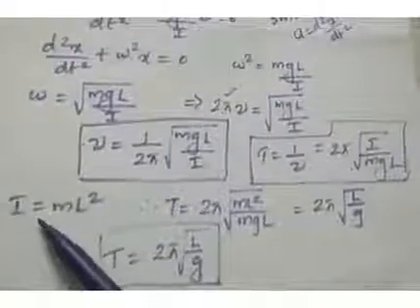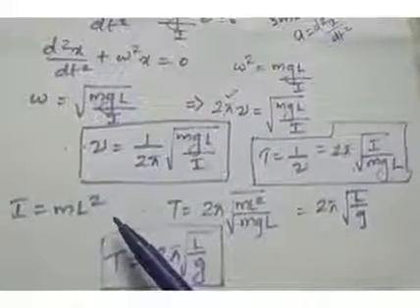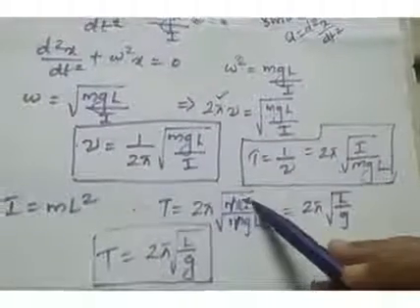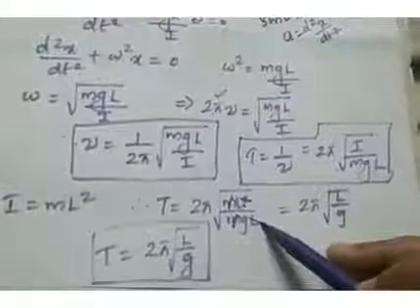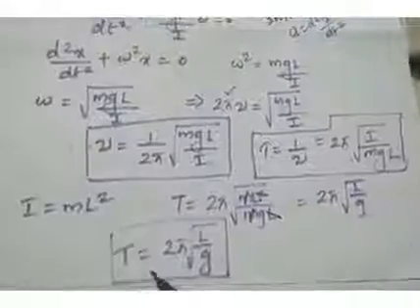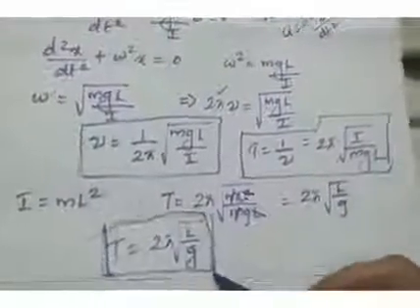But moment of inertia I is ml square in this case. Substitute I equal to ml square here. So m and m will be cancelled, L square and L will be cancelled. So you are left with L by g here. Therefore, time period T equal to 2 pi square root of L by g.